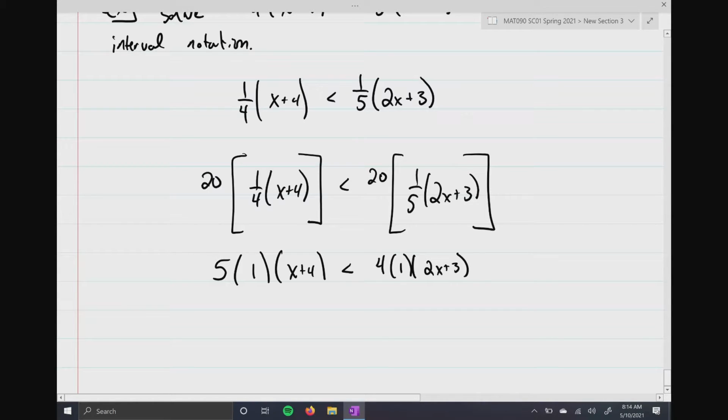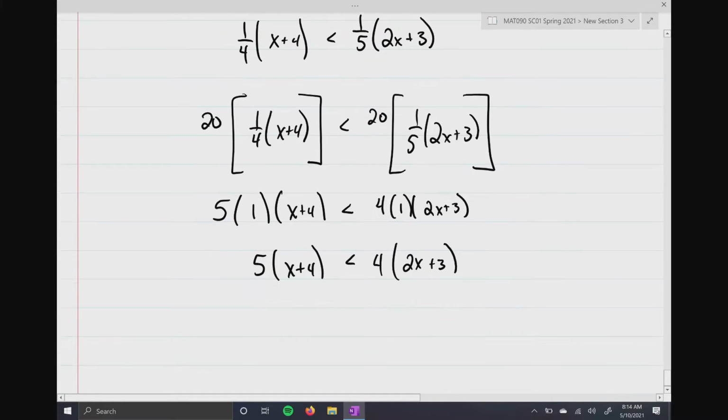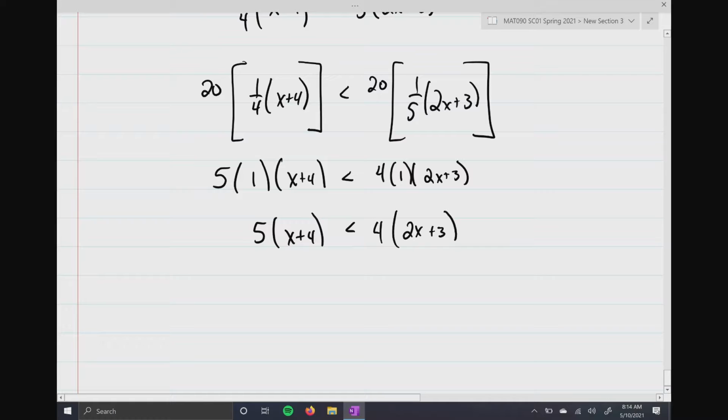Now, 5 times 1 is 5, times the quantity x plus 4. 4 times 1 is 4, times the quantity 2x plus 3. Now I see parentheses. Now I distribute. So I get 5x plus 20 is less than, sorry, just less than, 8x plus 24.